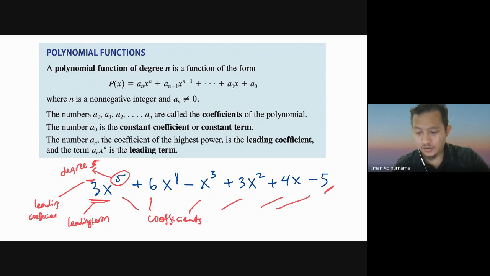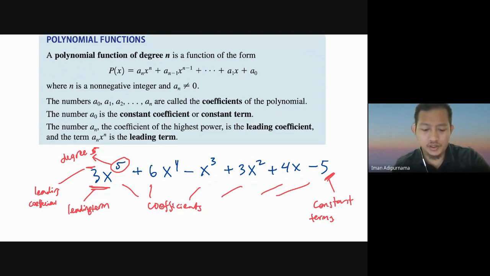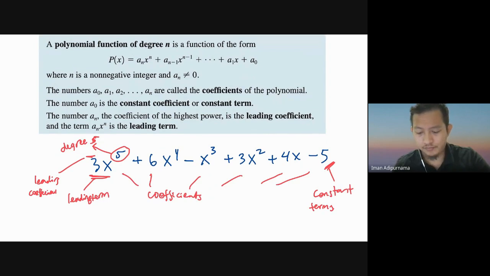This is a constant term. I think these are just terms that usually appear on a polynomial, not necessary to be memorized, as long as you can analyze a polynomial. I think you're already familiar with the functions and equations, so that should be okay.